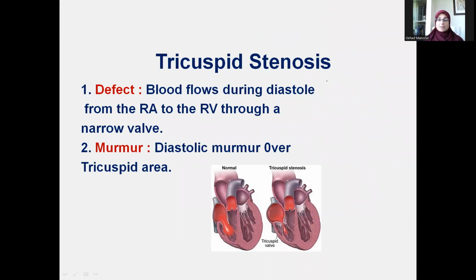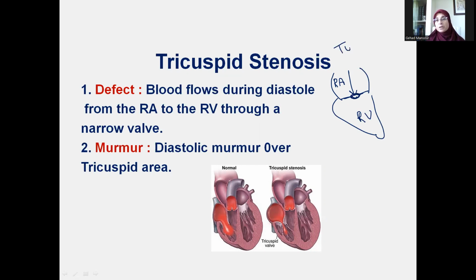Tricuspid stenosis has the same characteristic as mitral stenosis, meaning that blood will flow during diastole, and if the tricuspid valve is stenotic, then the blood flowing from the right atrium to the right ventricle will flow through a narrow, stenotic valve.